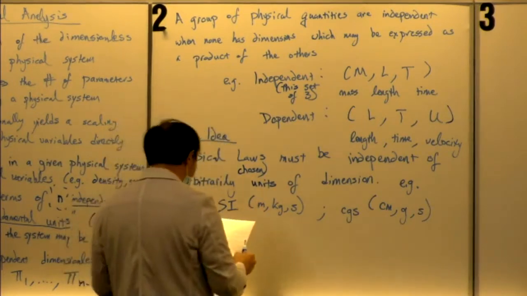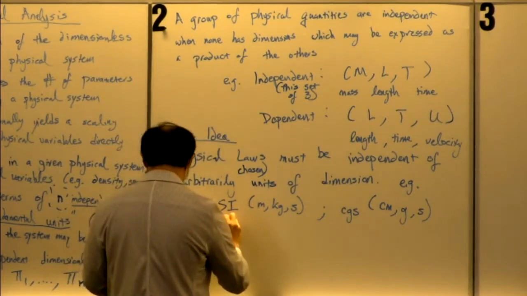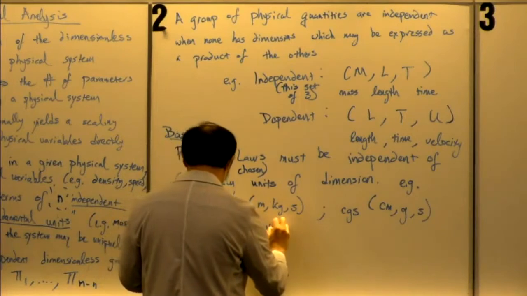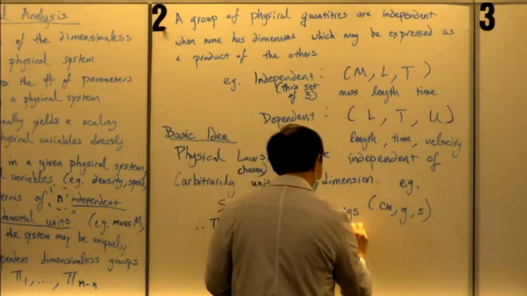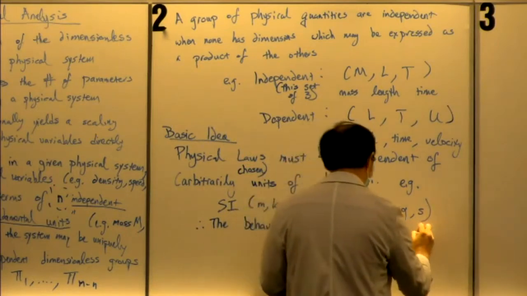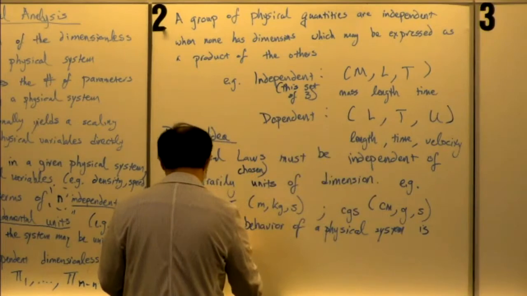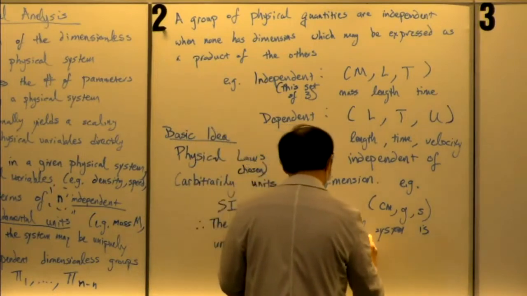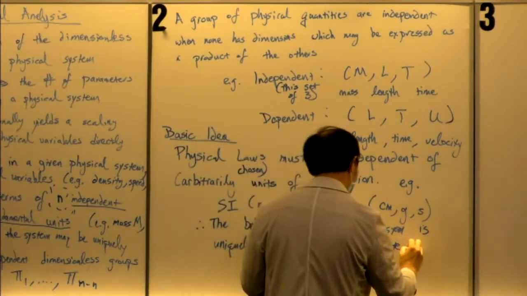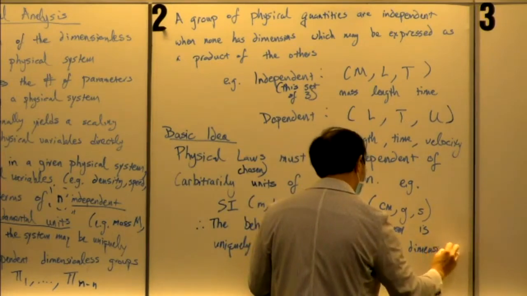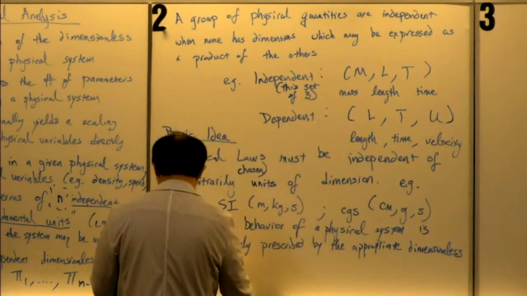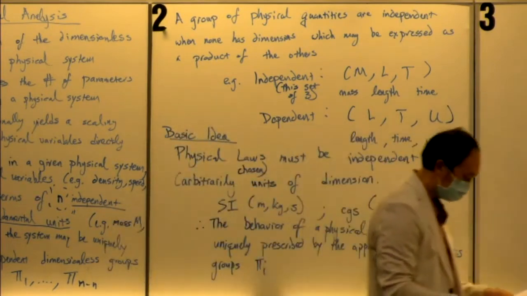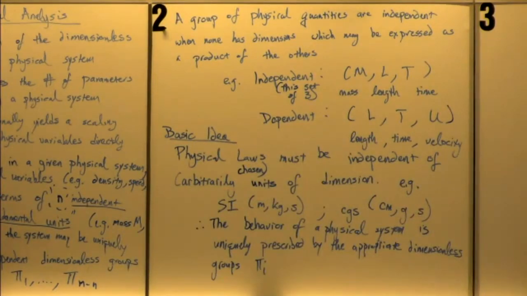Because they're independent of dimensions, therefore, the behavior of a physical system is... So basically, if you want to describe physics, you can't just look at the units of something.